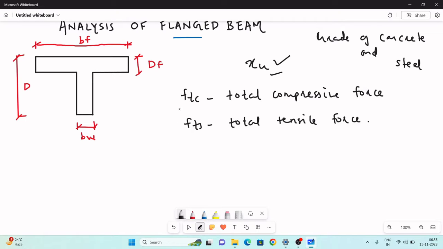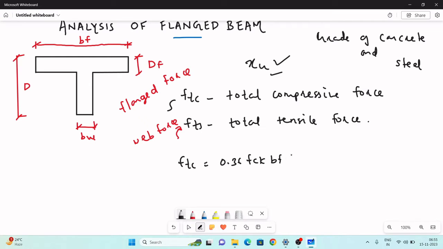So what is FTC? In some books, FTC is denoted as the total compressive force of the flanged beam, or it is also denoted as flange force. And FTS is denoted as web force. The formula of FTC is FTC equal to 0.36 FCK BF into DF. 0.36 FCK is the characteristic strength.